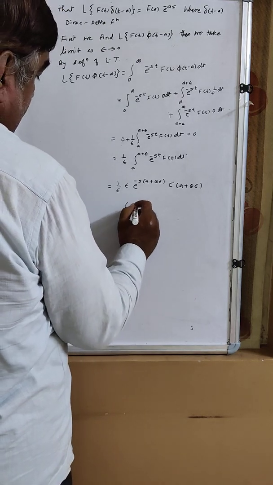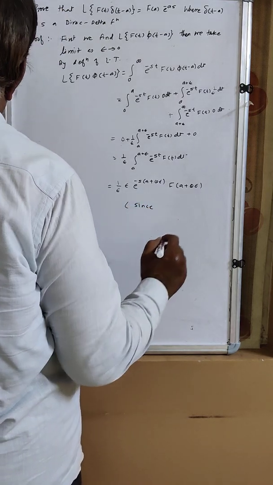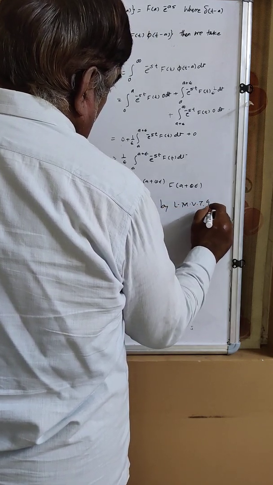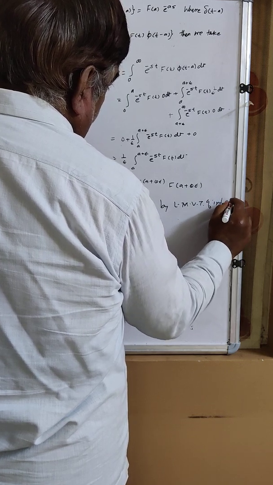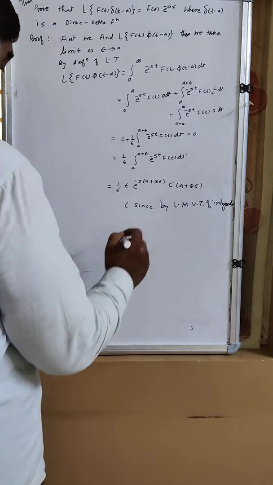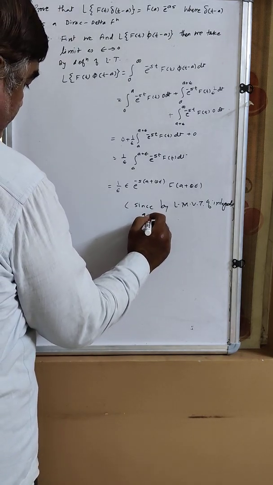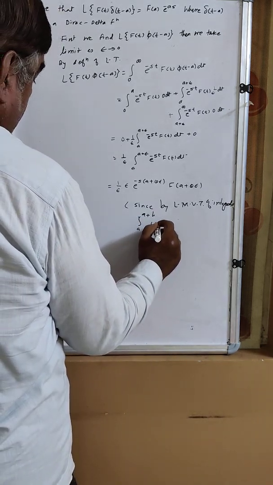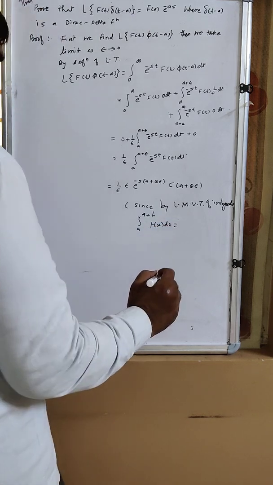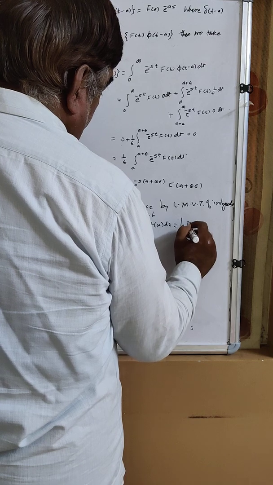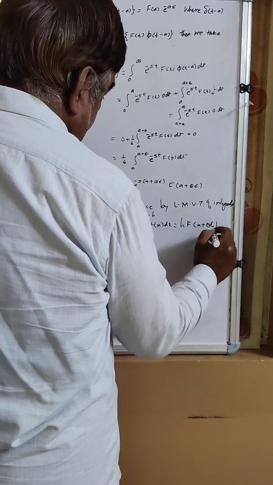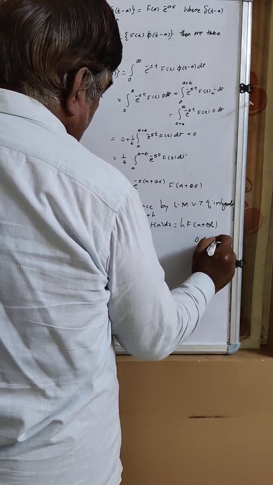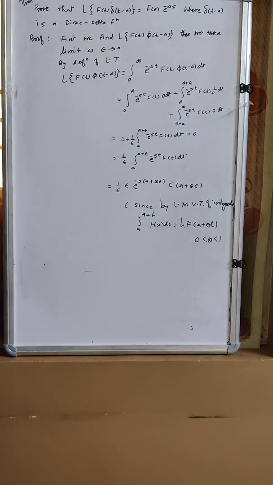How? Since by Lagrange's mean value theorem of integrals, the integral from a to a plus h of f(x) dx is equal to h f of a plus theta h, where theta belongs to the open interval 0 to 1.